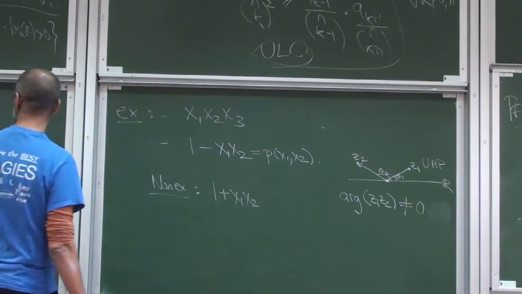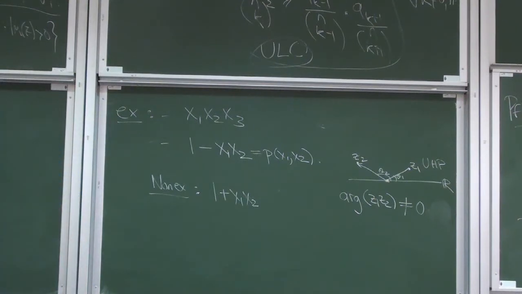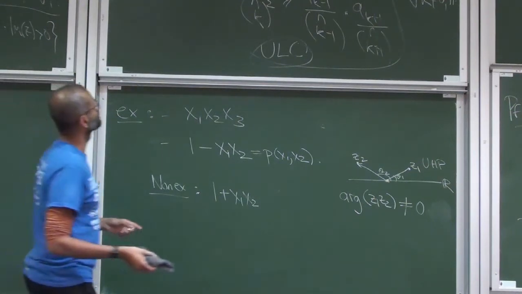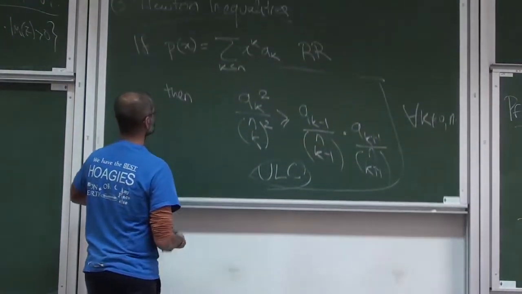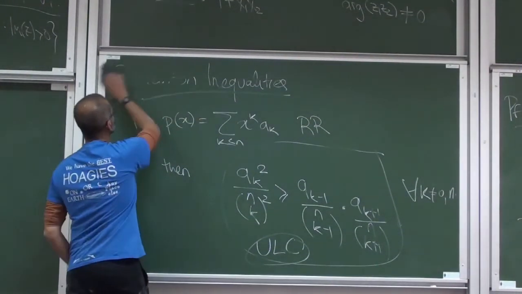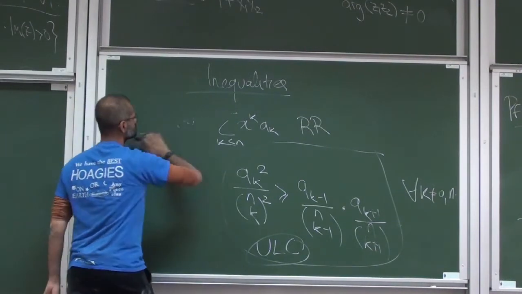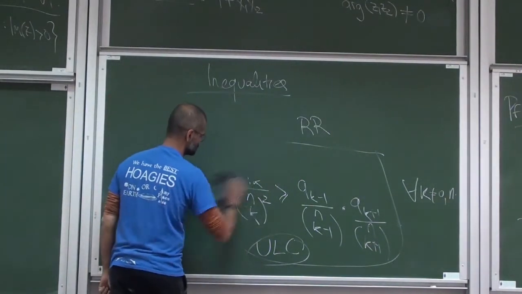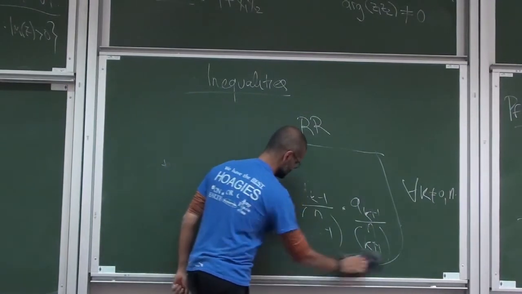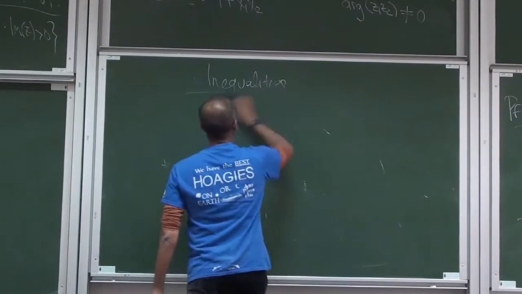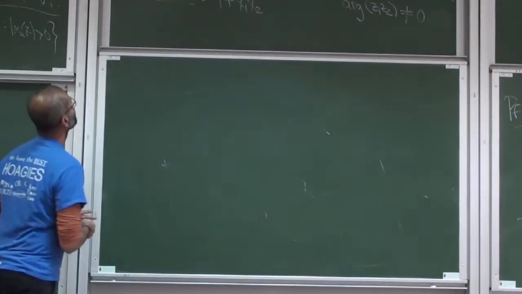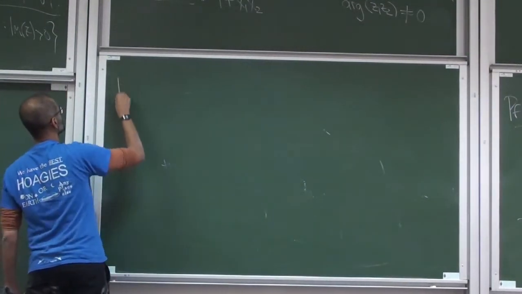I want to mention one more geometric way of thinking about real stability. Maybe I'll write it here. So here's an equivalent definition.